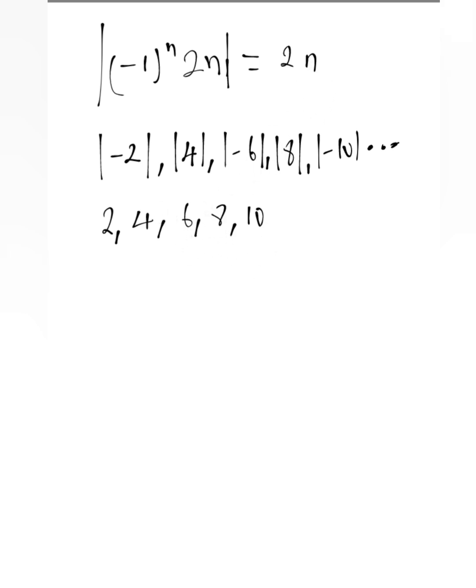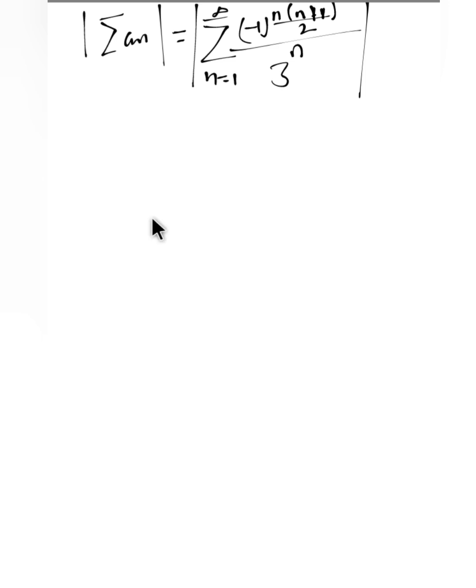From this we can deduce that if we have an expression like this, the absolute value cancels the alternating sign. So this absolute value cancels this sign and we're left with 2n. It's as simple as that. Now we can use this logic in this given problem. Consider this.